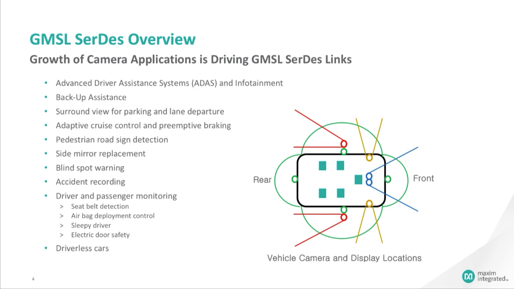There is an increasing trend in cars equipped with multiple Advanced Driver Assistance Systems, or ADAS. ADAS systems, when designed correctly, improve car and road safety. ADAS systems include backup assistance, surround view, road sign detection, blind spot indication, and more.